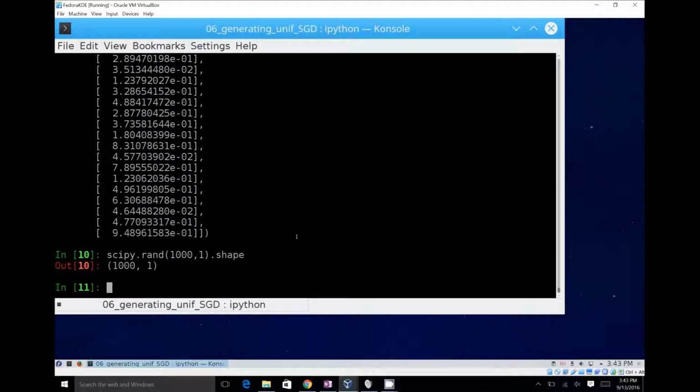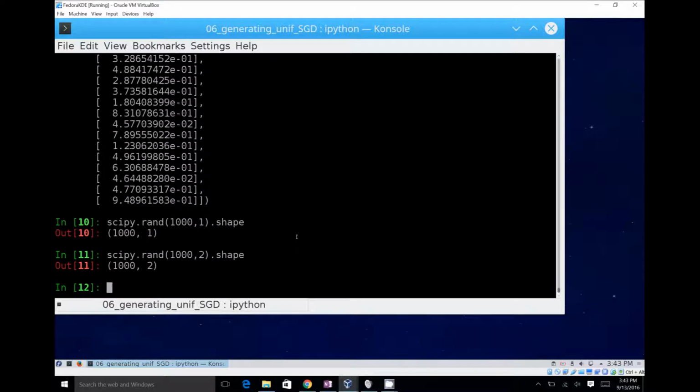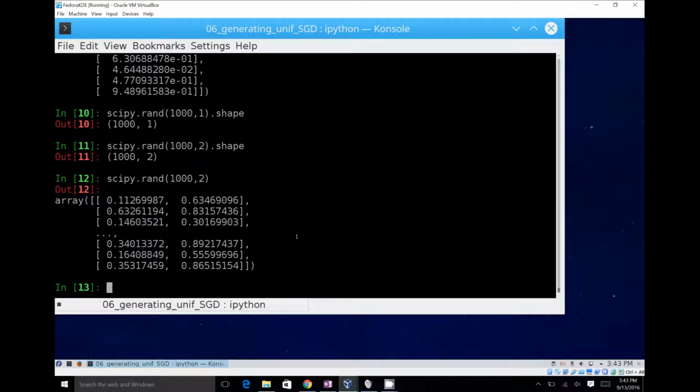Yeah, 1,002, right? So now what am I doing if I do 1,002? So how did I generate 1,000 uniformly random points on the square? So each row is 1 point, right? And the first column is the x-coordinates of the points, and the second column is the y-coordinates of the points.